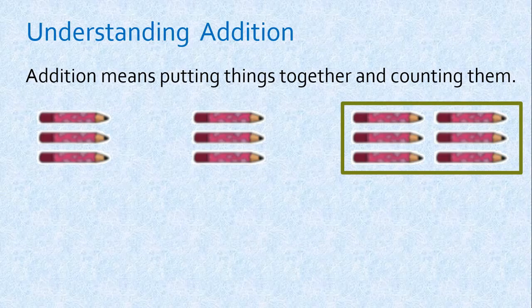Now, how many pencils are there in the box? Come on, let us count. 1, 2, 3, 4, 5, 6. There are 6 pencils in the box now.